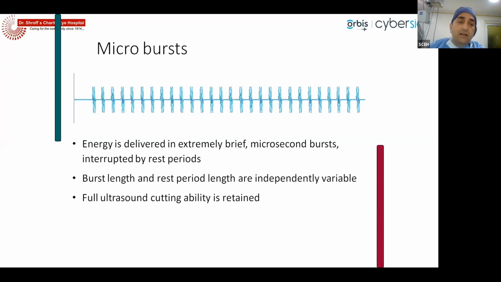Now, we need linear power when we are sculpting. But when we are emulsifying a piece, we need it in a pulsed manner, because you need the off time, not only for cooling, but so that the piece gets attracted to the tip. If you have linear power, there will be a lot of chatter.